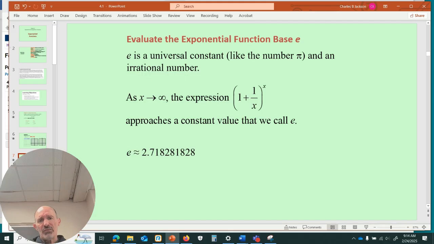Now, what I want to do is pause the pause, and talk about the man who discovered the significance of this number. And that is the great Swiss mathematician, Euler.